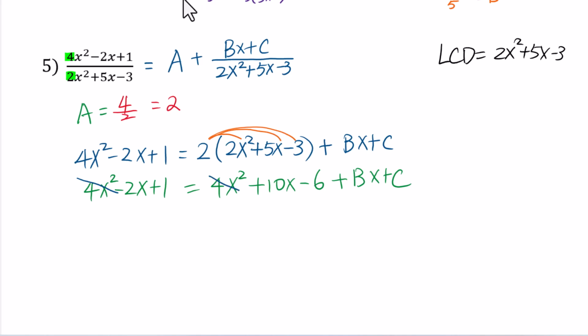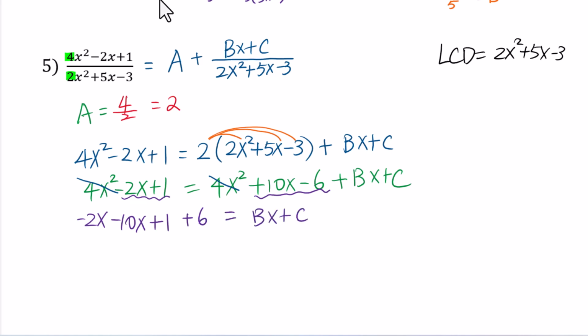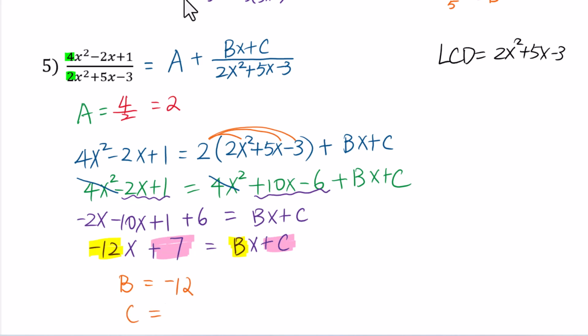Combine like terms. We need to put all x and constant on the left side. Negative 2x minus 10x plus 1 plus 6 equals bx plus c. Combine like terms. Negative 12x plus 7 equals bx plus c. So we got b equals negative 12, c equals 7.